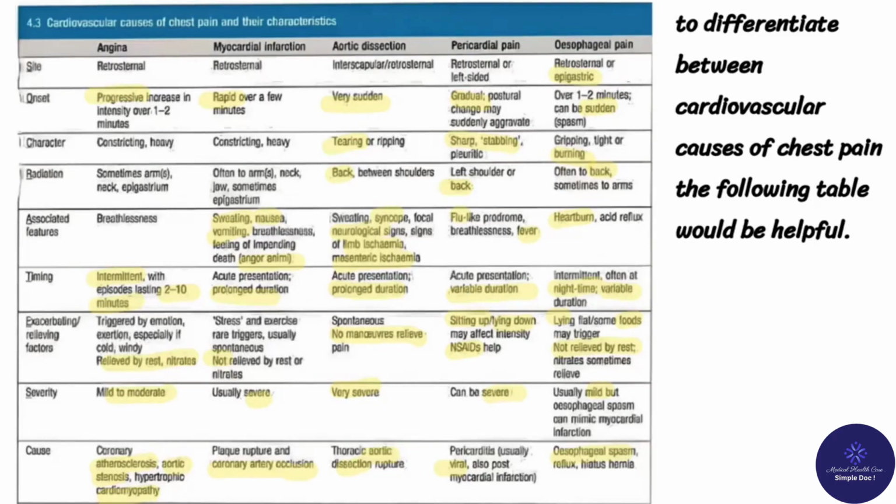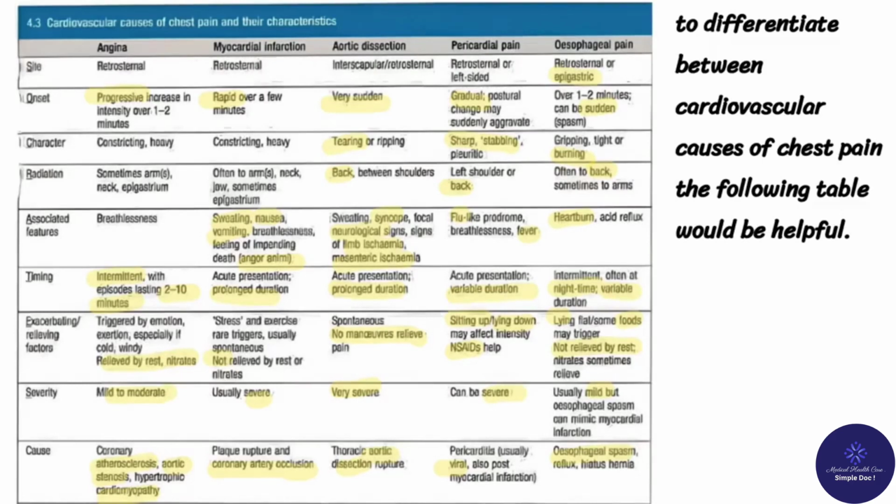Character: angina and myocardial infarction heavy, aortic dissection tearing, pericardial pain sharp stabbing, esophageal pain burning. Angina and myocardial infarction radiate to arms, neck and epigastrium, the others to the back. You can differentiate myocardial infarction from angina by sweating, nausea, vomiting and angor animi.